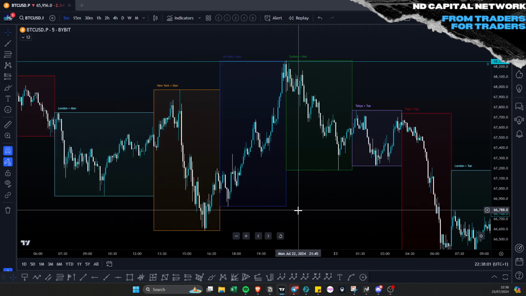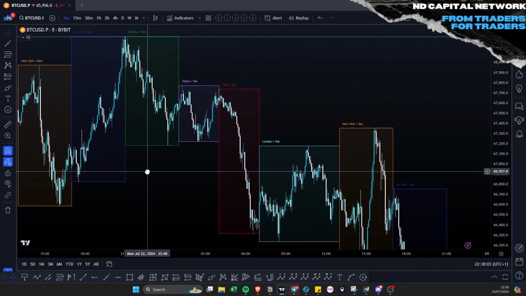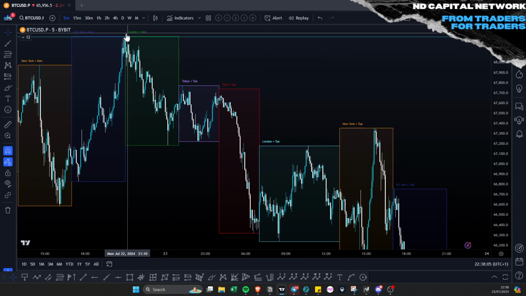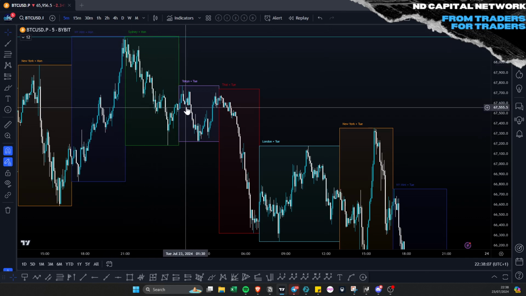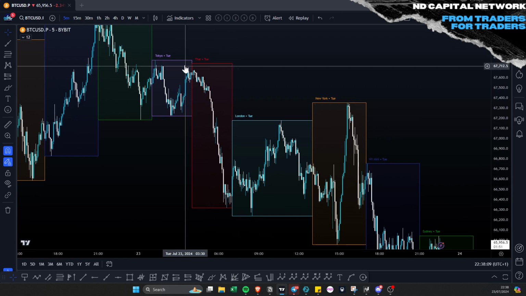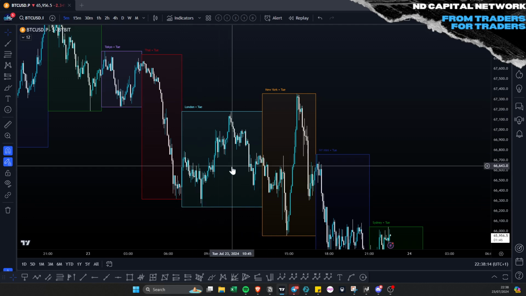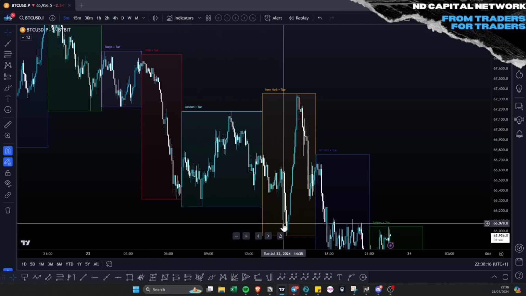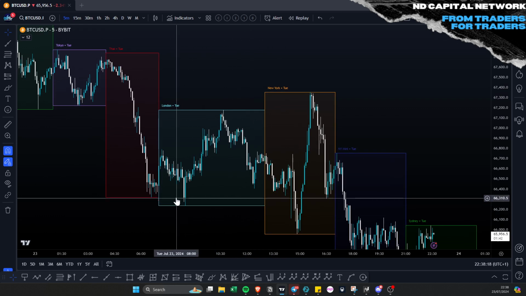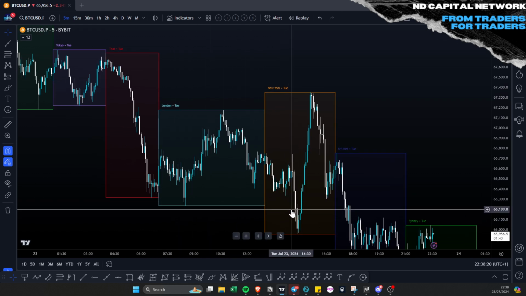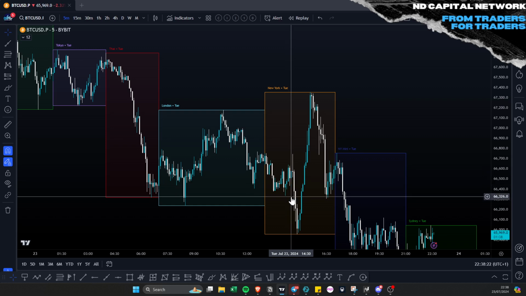And let's see right here, a similar scenario. You have Asia coming down, then London, a bit of a range-bound scenario. You do have New York coming to take that London low, so you create a swing failure pattern. But this is at 2:30, and I told you to look after 2:30.